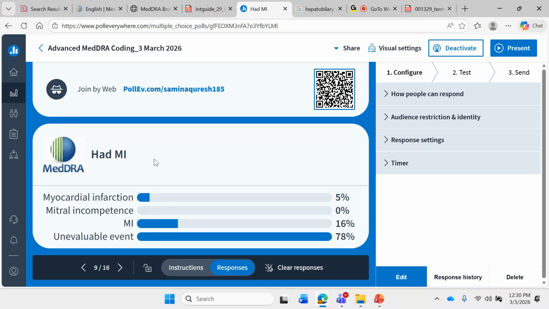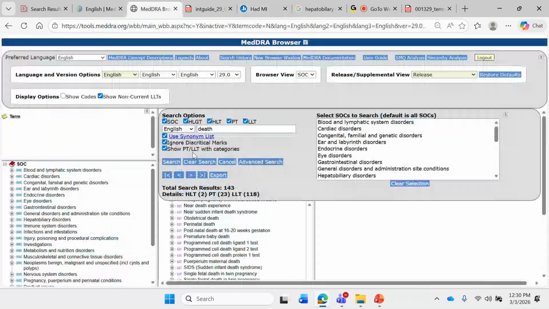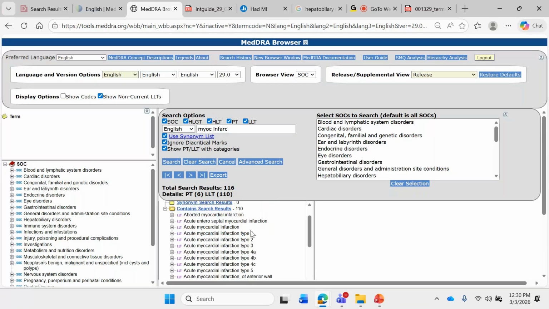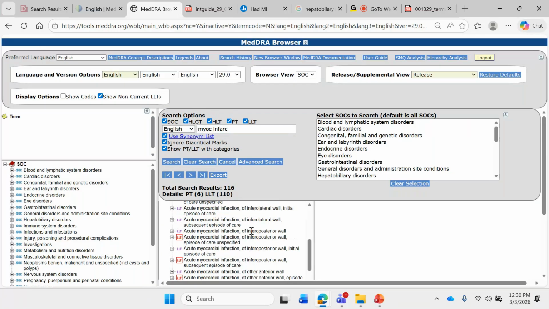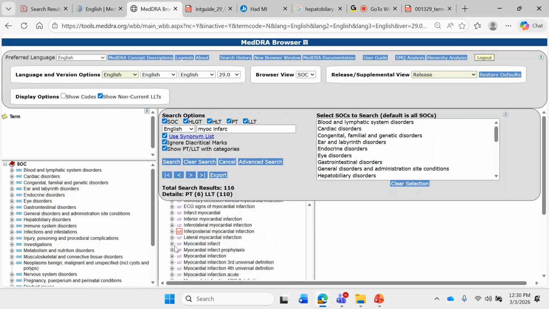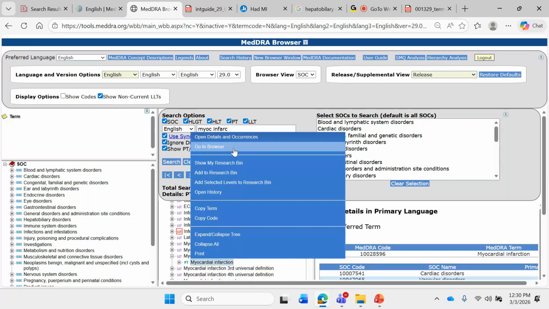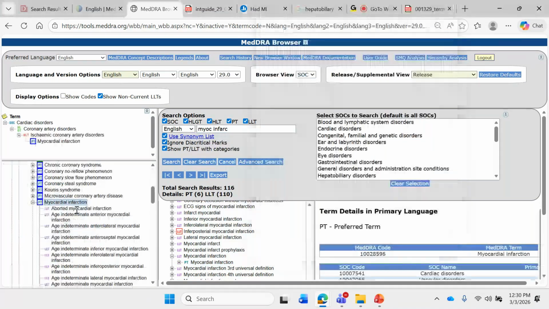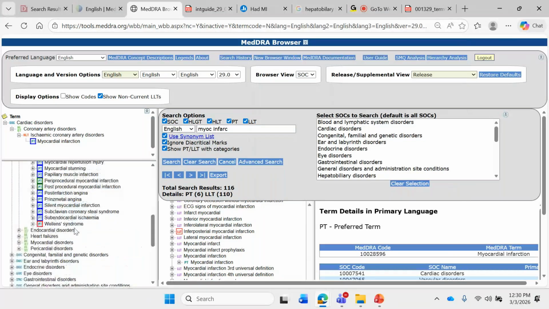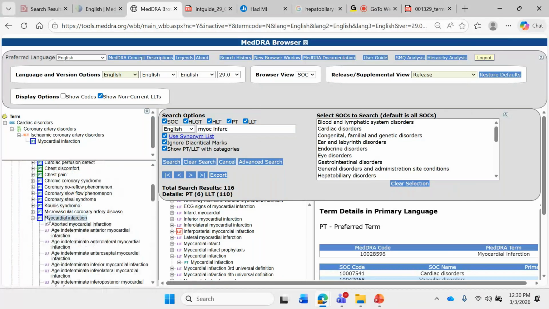And MI, if you look in the browser, I just have to show this. I'm going to open up myocardial infarction just to show you. I'm going to right click, go to browser, and open it up in the browser to show you all the LLTs underneath myocardial infarction.